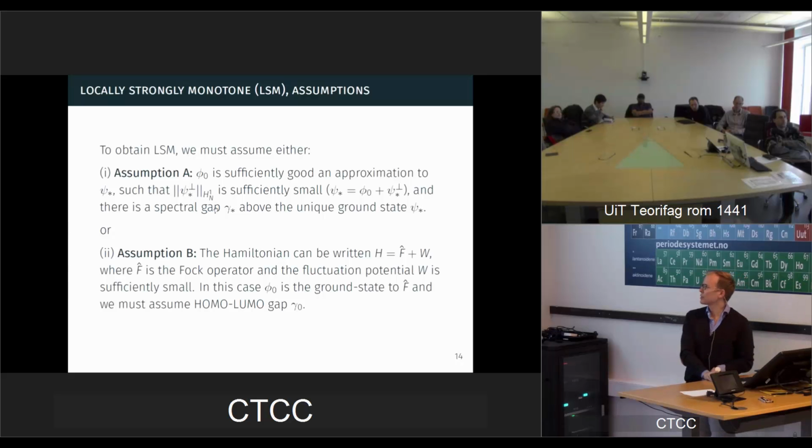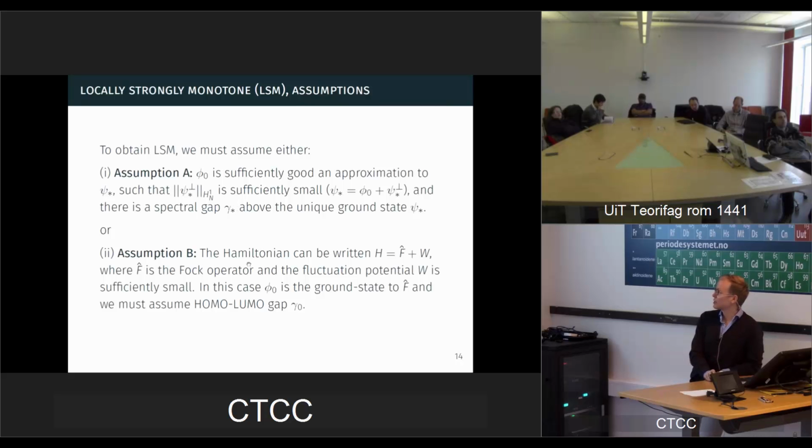And also that there is a spectral gap. And what this means, spectral gap, and that this phi naught is sufficiently good, that means that this one and this one are more or less the same, so then we can formulate a sort of gap condition or a coercivity on this space here. So then that is what we use to prove the monotonicity and get this gamma. So gamma is closely related to this gamma star here.